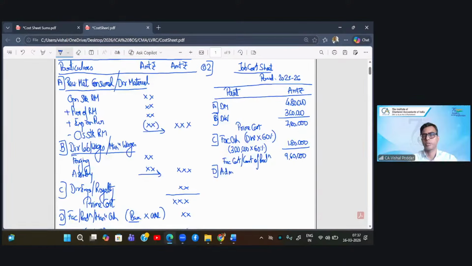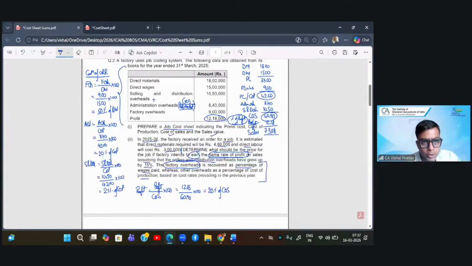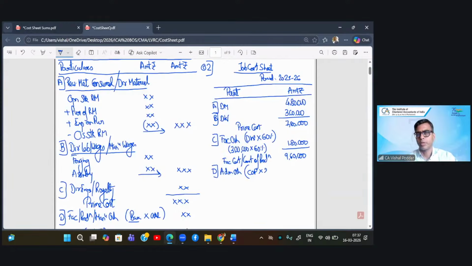Now administration overheads. Now it is to be taken as how much percent of cost of production? 20%, and this is 25%. Okay. So it is 20%. So it is 960 into 20%. Correct? So 180 plus 12, 192. Selling and distribution.